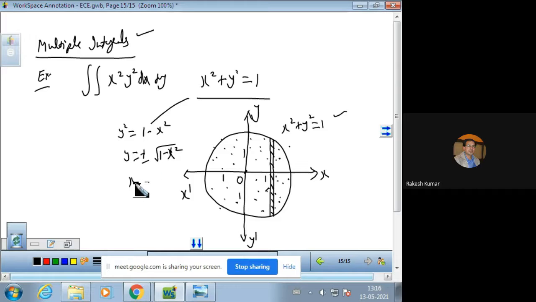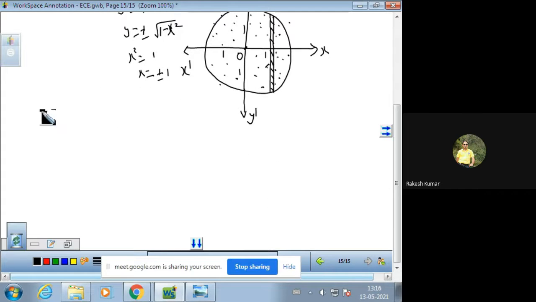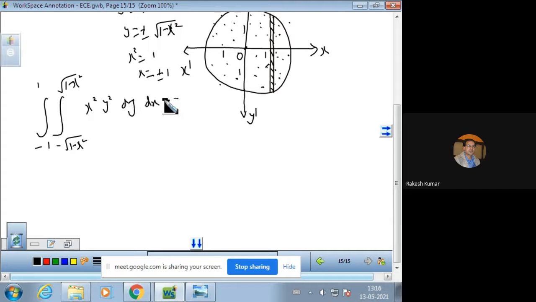And how will x be found? By putting y equal to 0, you will have x square equal to 1 and x equal to plus minus 1. It means your region of integration will be minus 1 to 1 and minus root of 1 minus x square to root of 1 minus x square, of x square y square dy dx.